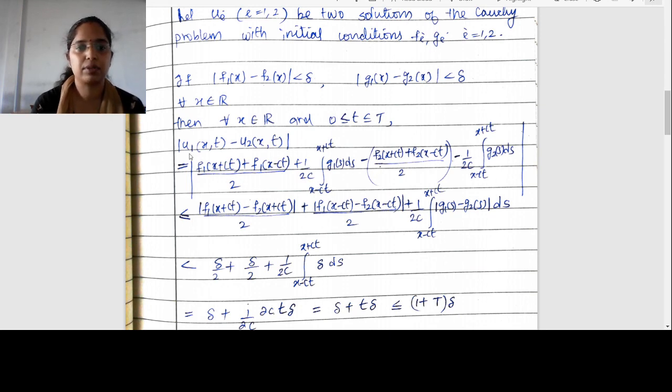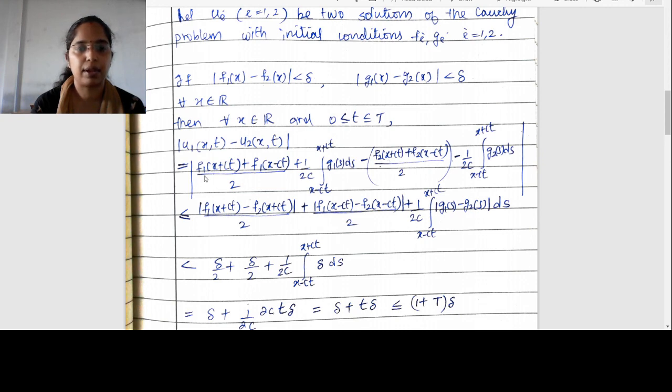Okay. Now this is the integral modulus of this function. So we know this is less than or equal to the modulus of the individual terms. So mod f1 of x plus ct, then I have combined this f1 and this f2.